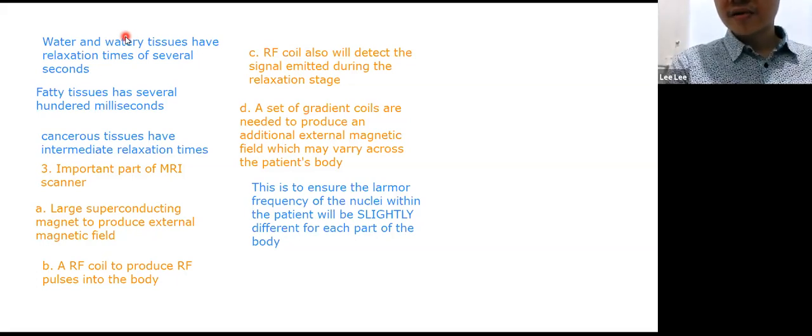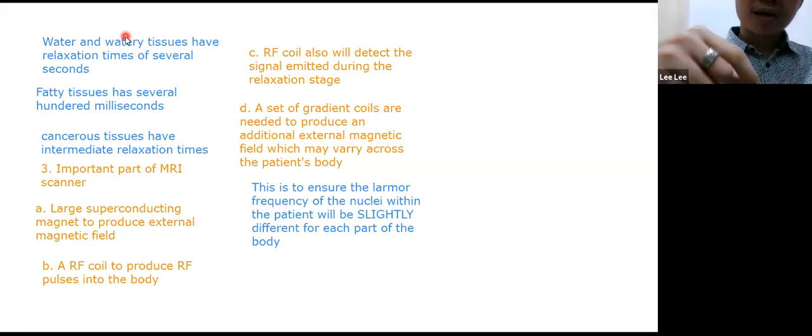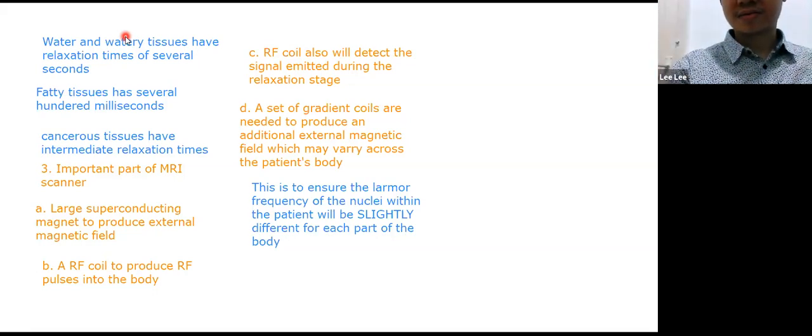For the head, the stomach, the leg, or the intestine, you make it vary a bit. Why? So when they undergo the relaxation process, they don't emit the wave at the same time. So you have a chance to analyze: this is coming from this part, this is coming from that part. That's why you have to set the frequency to be slightly different.